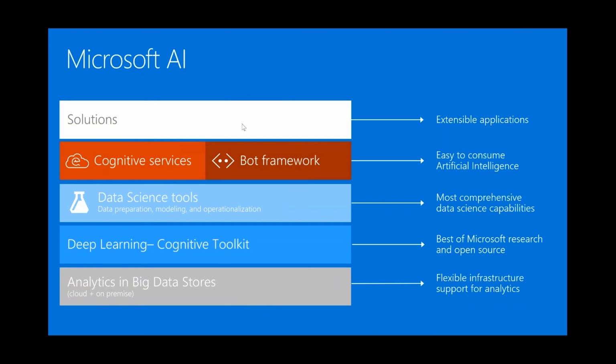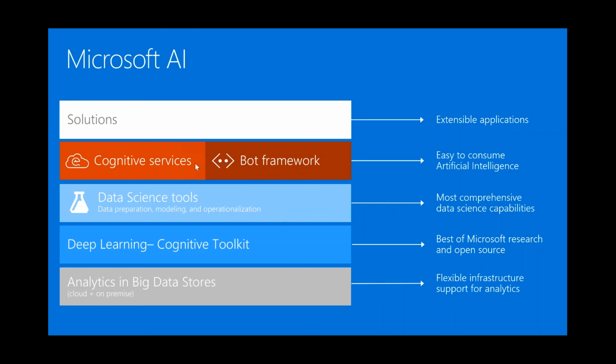One is solutions. We have extensible solutions, like we saw earlier. The demos I showed you are built from a pre-existing solution. You don't need to build everything from scratch. It's about 50-60% complete. You can bring in your data, tune your algorithms, maybe change the UI, and you have your custom applications. The second thing is cognitive services and the bot framework.